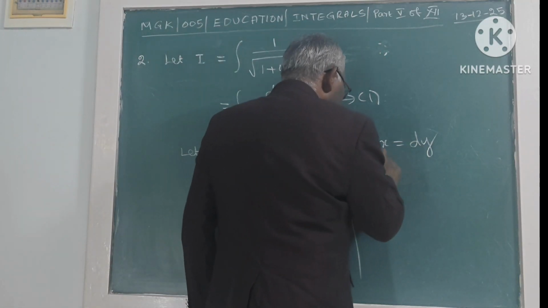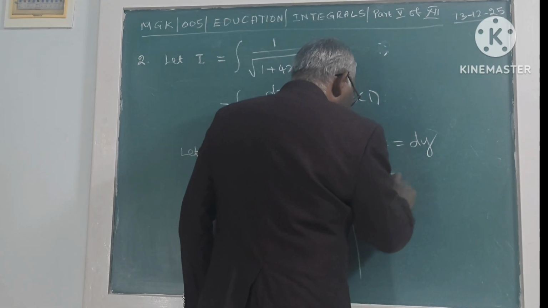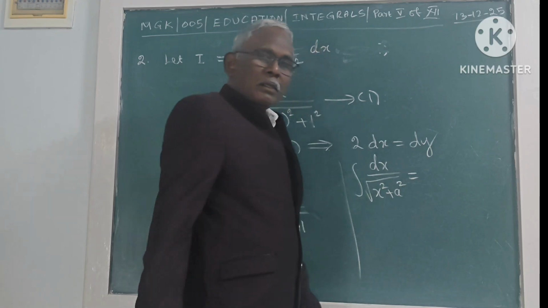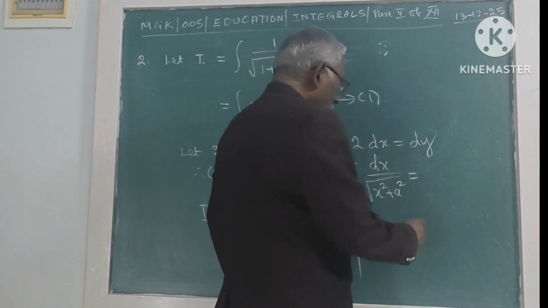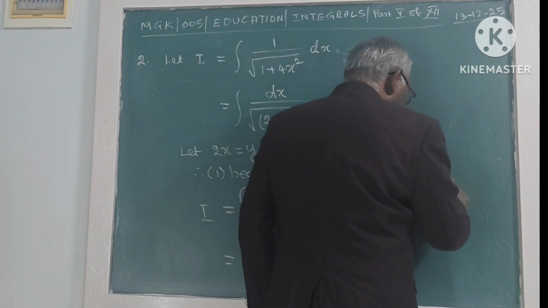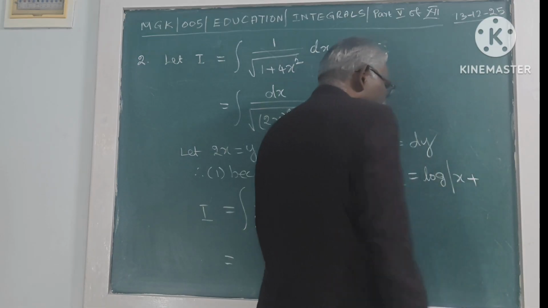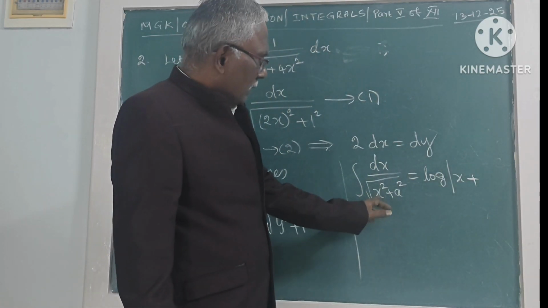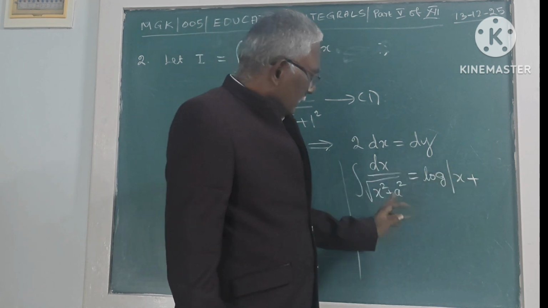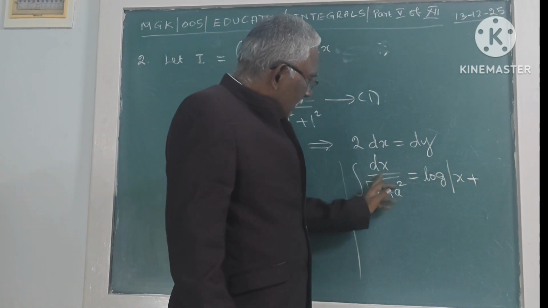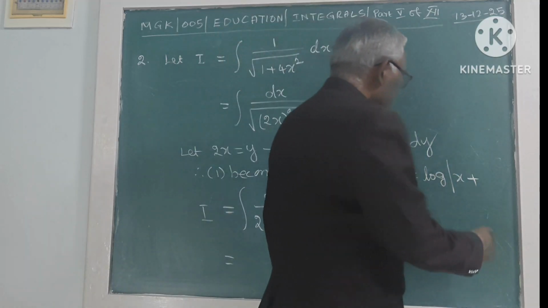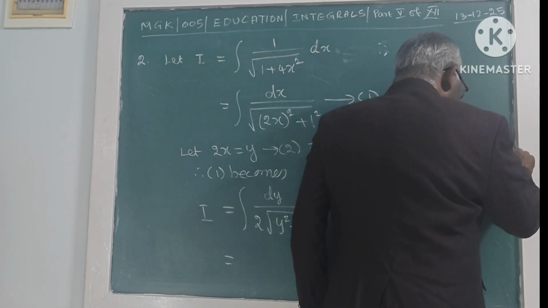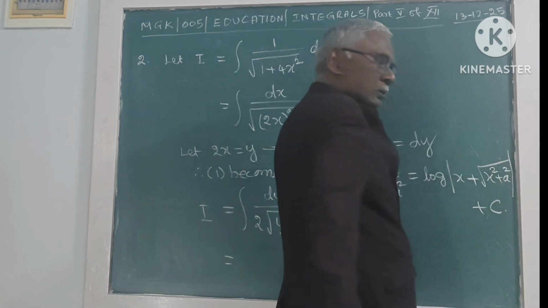We have seen this equals log of x plus, whenever dx by square root of x square plus a square comes, it is nothing but log of x plus square root of x square plus a square, plus constant.